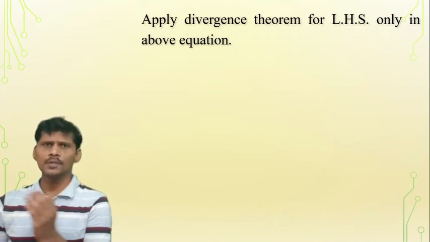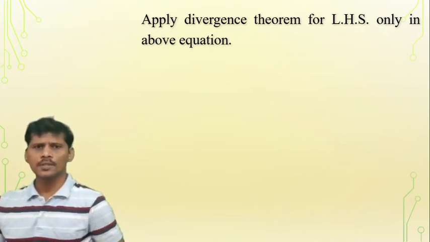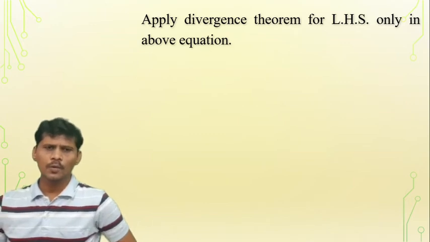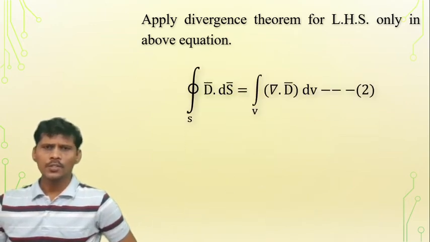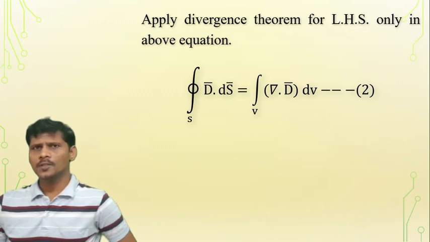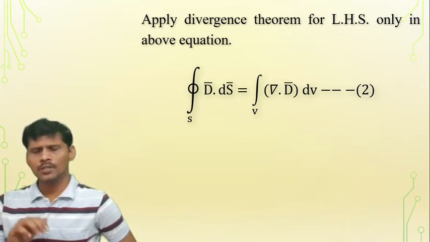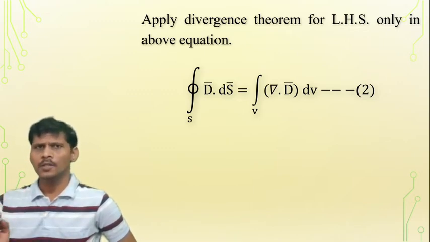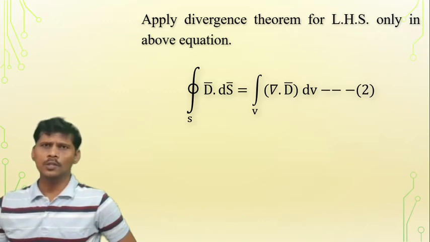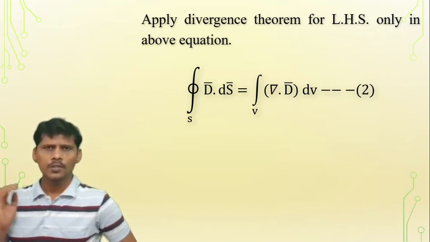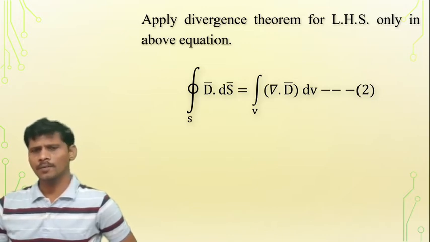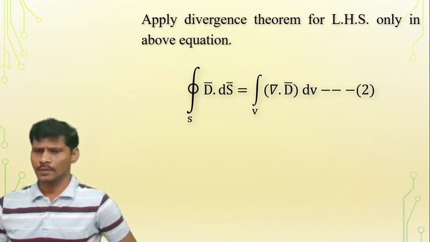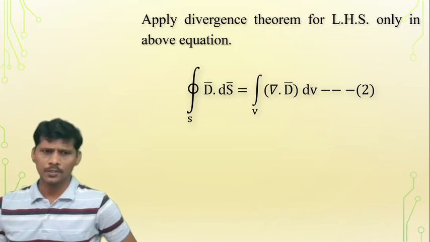The closed surface integral will be converted to an open volume integral. So using the divergence theorem, the LHS term, the closed surface integral of D bar dot dS bar, is equal to the open volume integral of del dot D bar into dv. That is considered as equation 2.